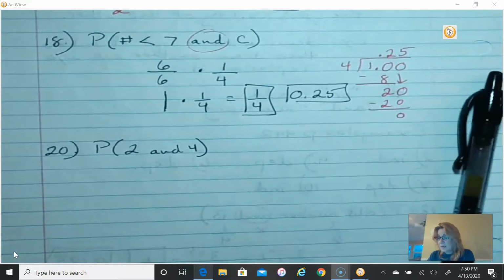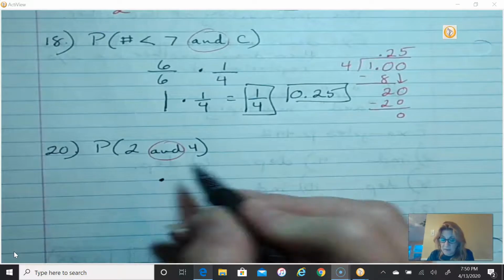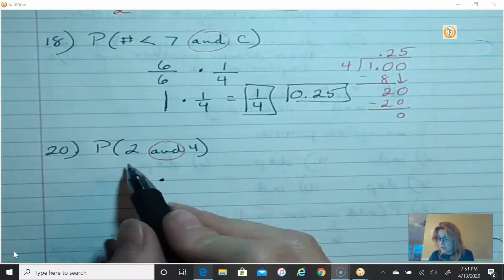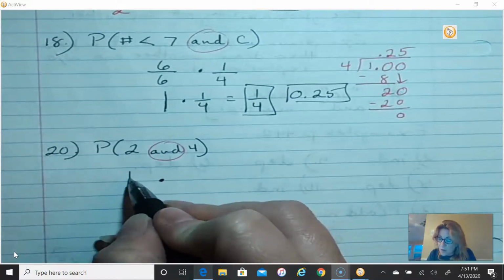What does and mean? Multiplication. All right, how many 2's are on that spinner? And we're looking at that spinner right there. So how many 2's are there? 1.